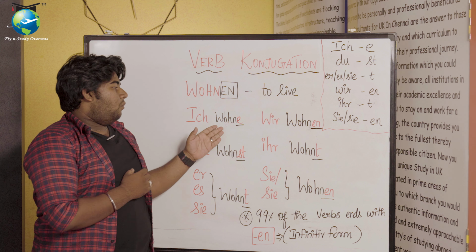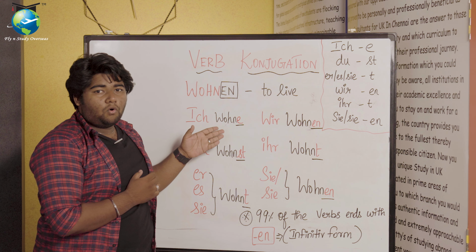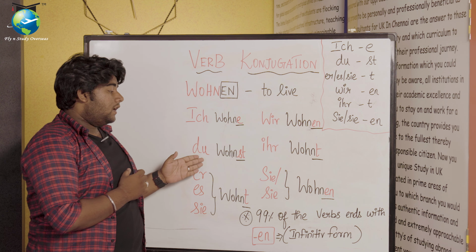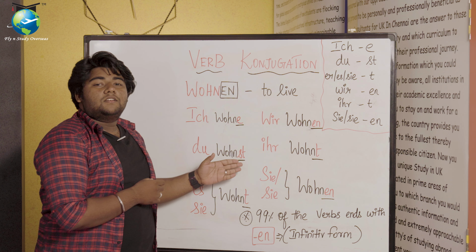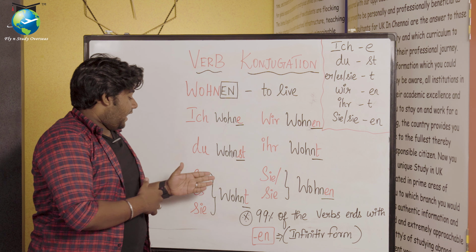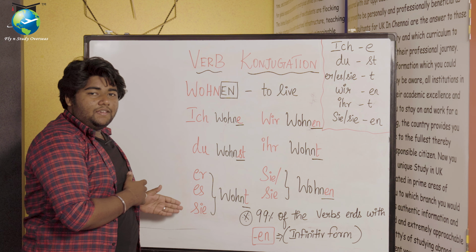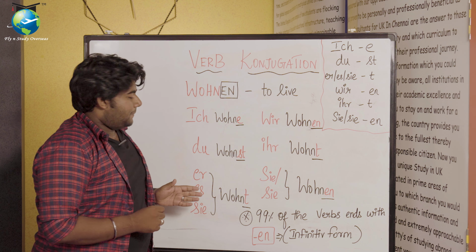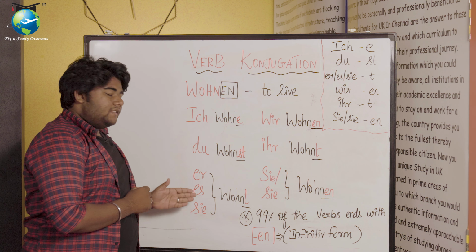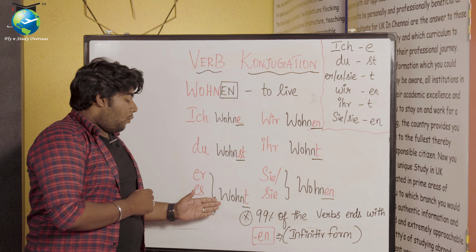So, ich wohne. For du, the verb should end with st, right? So, du wohnst. And for er/sie/es, as I already taught you, the verb should end with t. So for er/sie/es, the conjugation of wohnen is wohnt.